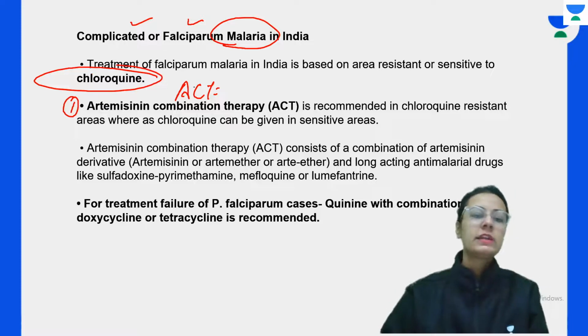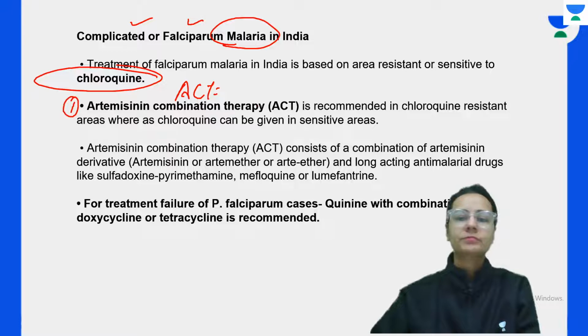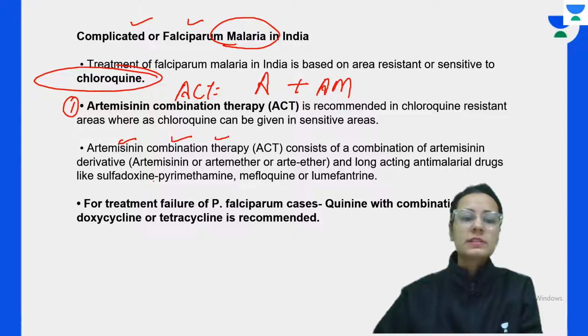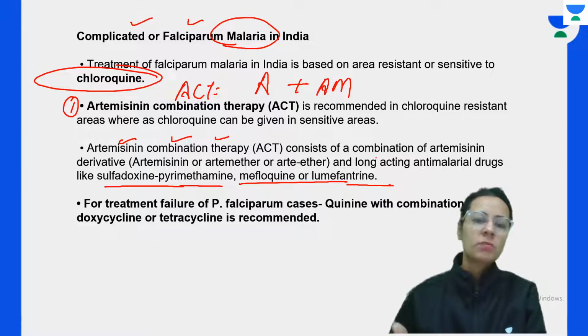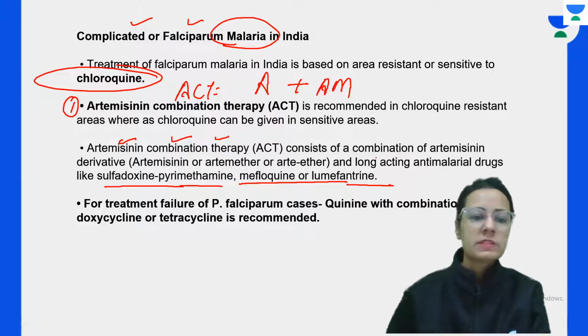In those areas we give the ACT, where chloroquine cannot be given. Now, artemisinin combination therapy consists of a combination of the artemisinin derivative and long-acting anti-malarial drugs like the sulfadoxine, pyrimethamine, or mefloquine, or lumefantrine. So that is the artemisinin combination therapy. Along with the artemisinin derivative, we give the anti-malaria drug.